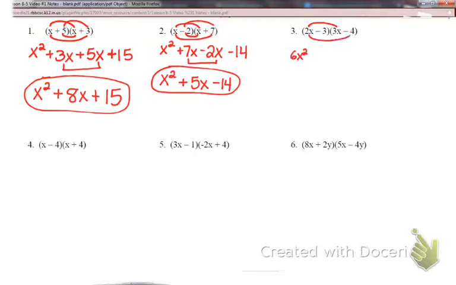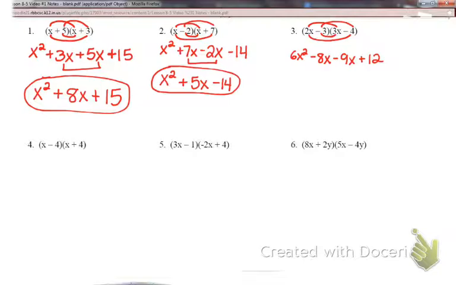Outsides, that's going to be a negative 8x. Insides, that's a negative 9x. And my last, this is a negative 3 times a negative 4, which gives me a positive 12.